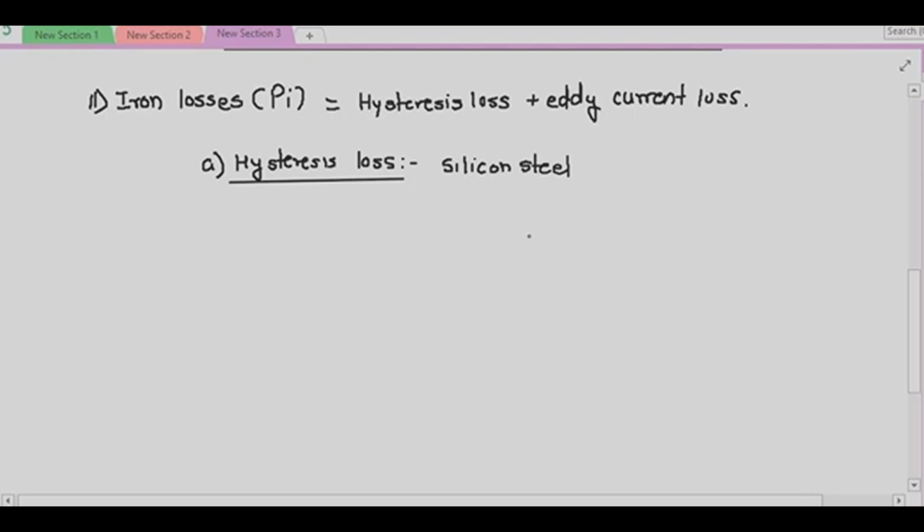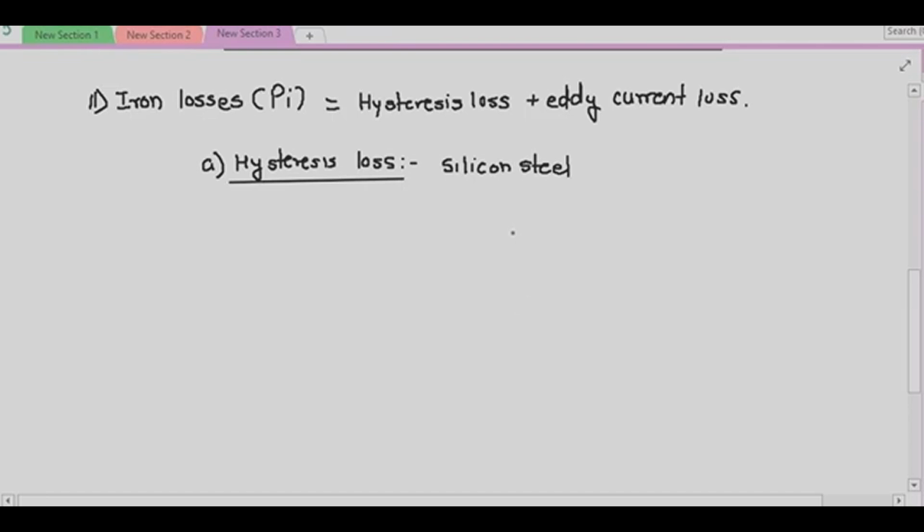Silicon steel is a soft magnetic material, and we have seen that soft magnetic material has less hysteresis loop area, hence less hysteresis loss. So a magnetic material such as silicon steel has a hysteresis loop with very small area, hence such materials are normally preferred for the construction of the core.